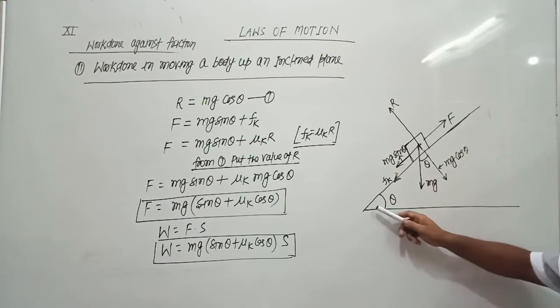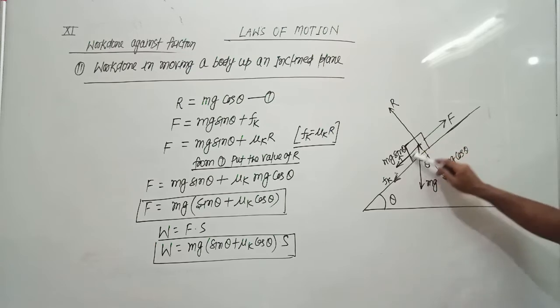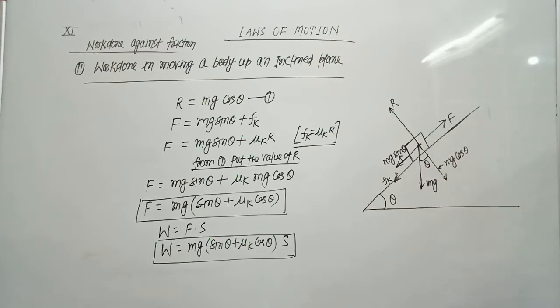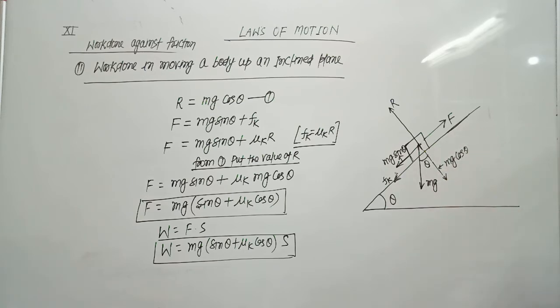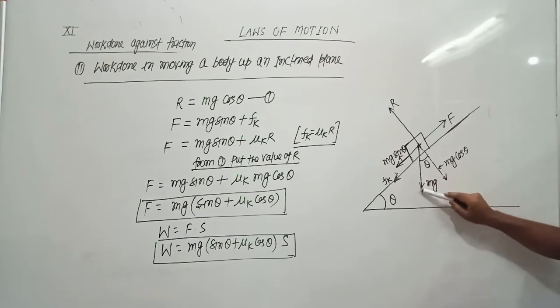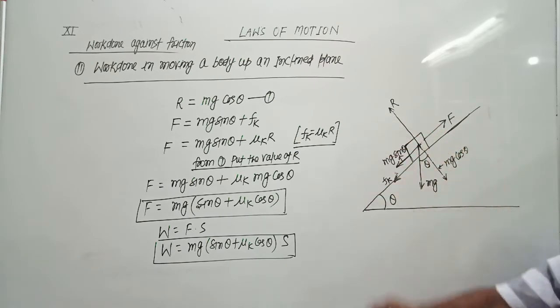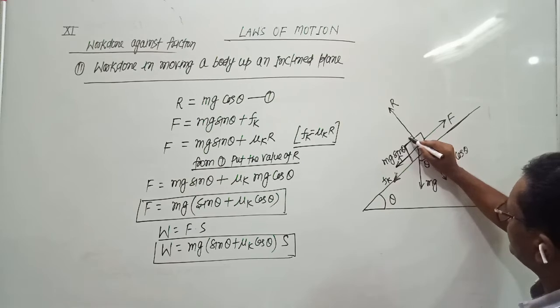So the case is a body moving up an inclined plane. The plane is inclined at an angle theta with the horizontal. The applied force acts in the forward direction, weight acts vertically downward, and normal reaction acts perpendicular to the surface, which means 90 degrees from the surface.